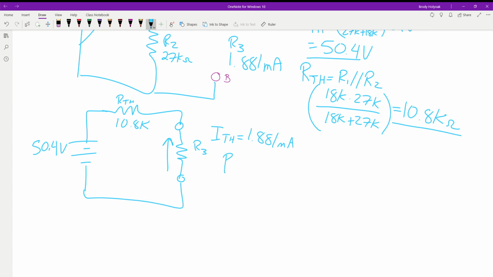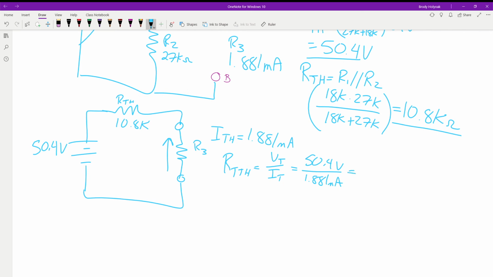So the resistance total of this circuit, let's do that resistance total in Thevenin, is the voltage total divided by the current total. So we have 50.4 volts divided by 1.881 milliamps.